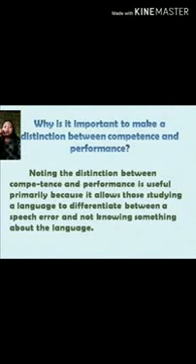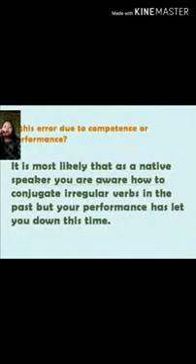To understand this distinction, it's helpful to think about a time when you've made some sort of error in your speech. For example, let's say you are a native speaker of English and utter the following: "We swim in the ocean this weekend." Is this error due to competency or performance? It's more likely that as a native speaker you know how to conjugate irregular verbs in the past, but your performance has let you down this time.